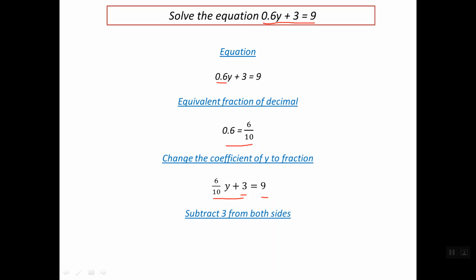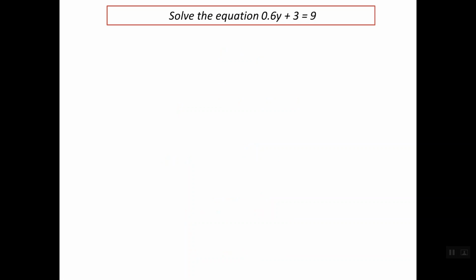After subtracting 3 from both sides, the left side becomes 6 divided by 10y plus 3 minus 3, and the right side becomes 9 minus 3. The remainder of the left side is 6 divided by 10y, and for the right side, 9 minus 3 is simply equal to 6. So we can simplify. This is what we have now.